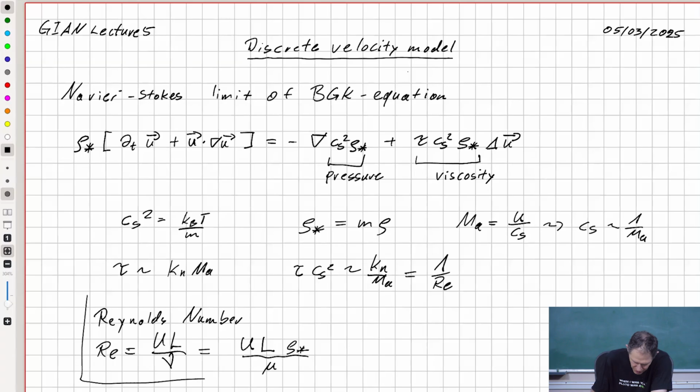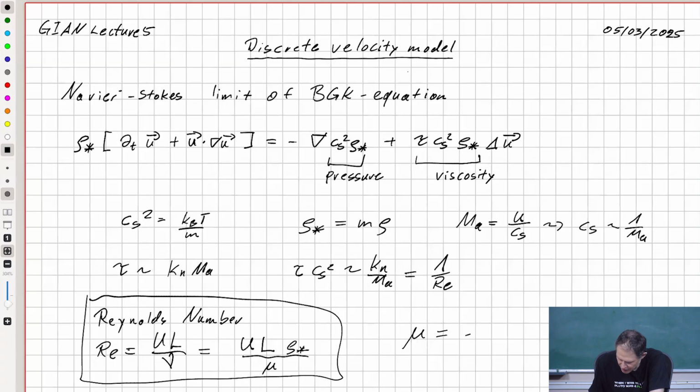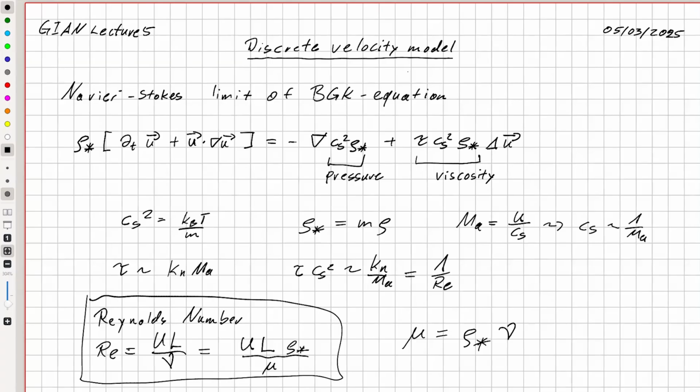So this is the Reynolds number. And the dynamic viscosity, written mu, is the density times the kinematic viscosity. So the kinematic viscosity is this nu. And this again is tau cs squared times rho.